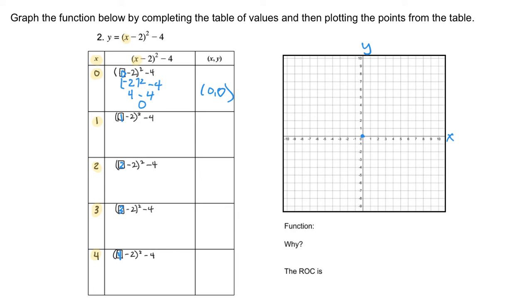Next, we're going to look at plugging in 1. When you have 1 minus 2, so right here is 1, and you subtract 2, you end up with negative 1. So in our parentheses here, that simplified to negative 1, we're squaring that, and then we're subtracting 4. Negative 1 squared is negative 1 times negative 1, which is just 1.